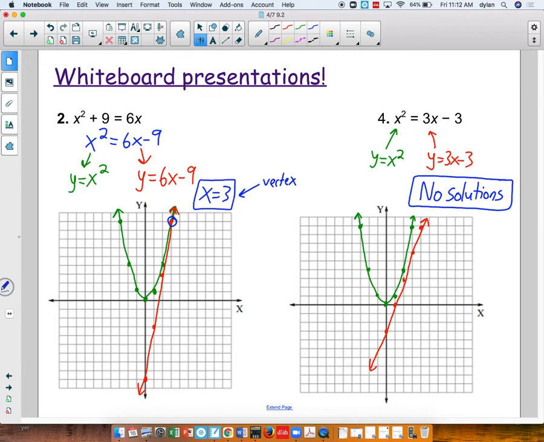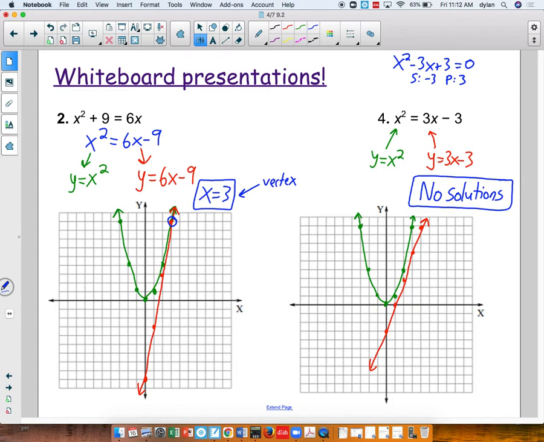But we couldn't really have known that with method 1, because if we had used method 1, we would have had x squared minus 3x plus 3 equals 0. So our sum would be negative 3 and our product would be positive 3. And at this point, you would have gotten stuck. You would have said, well, there's no two numbers that multiply to positive 3 but add to negative 3.